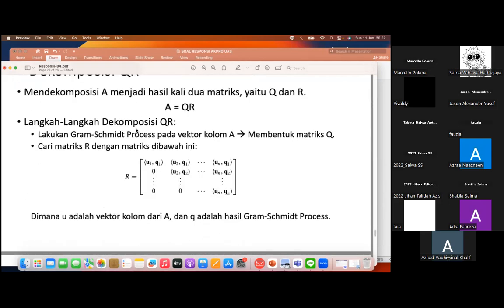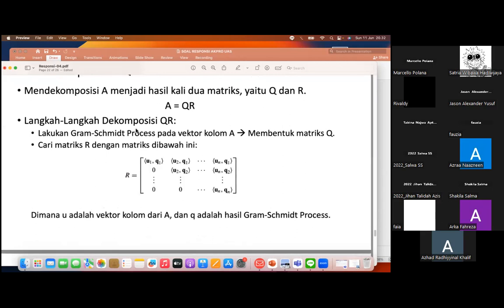And the next is QR decomposition. This is QR decomposition, where we decompose A into two different matrices, which is matrix Q and matrix R. So the first thing that we do is, let's say we have a matrix A. What we should do is perform the Gram-Schmidt process on the column vectors of A. So we take the columns and then we perform Gram-Schmidt on them.